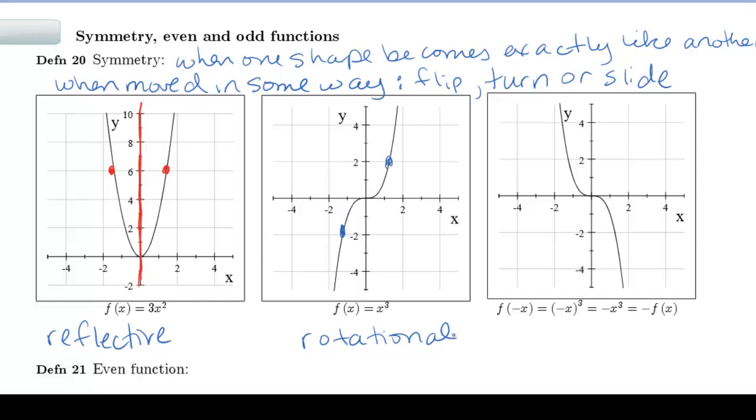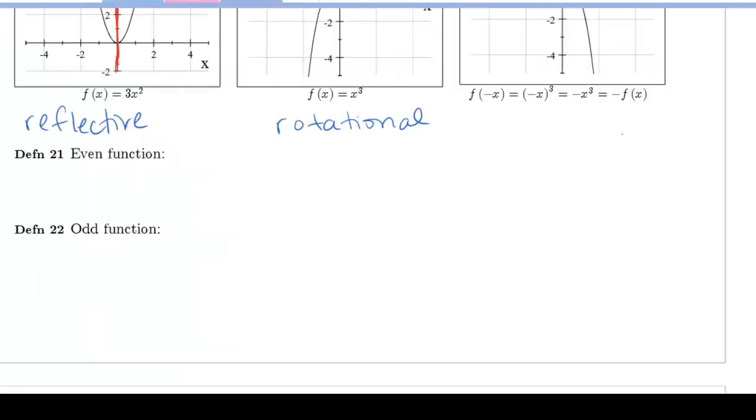And this gets to our definition. This helps us when we're trying to determine if a function is even or odd. So a function is called even if it is that reflective there. An even function is even if for every input x, f of x is equal to f of negative x.